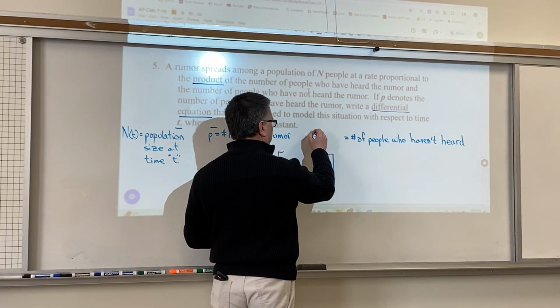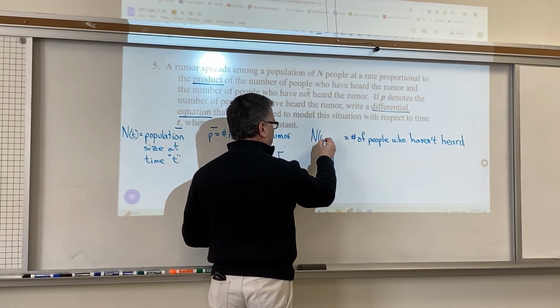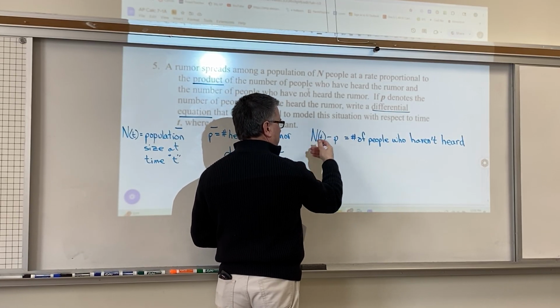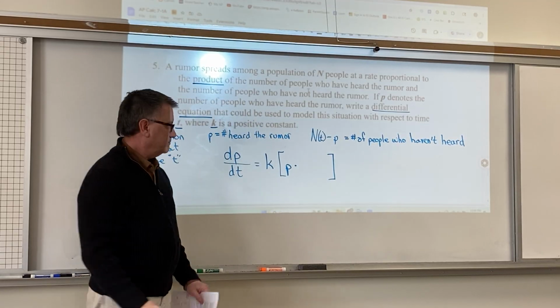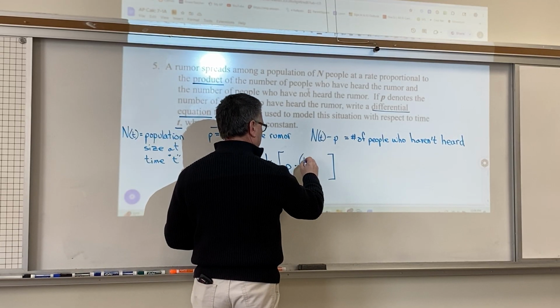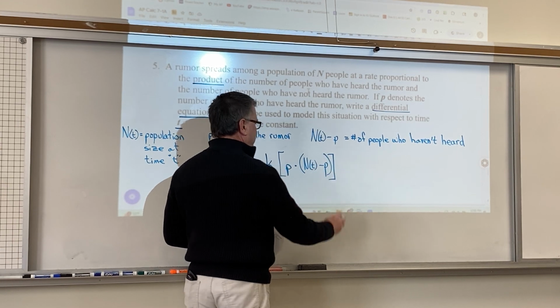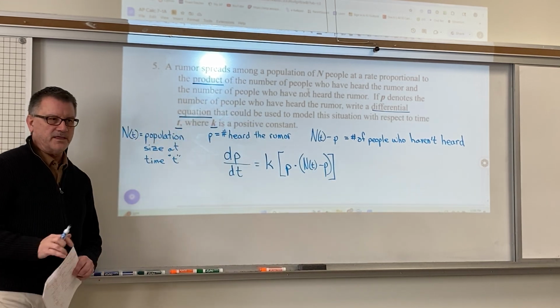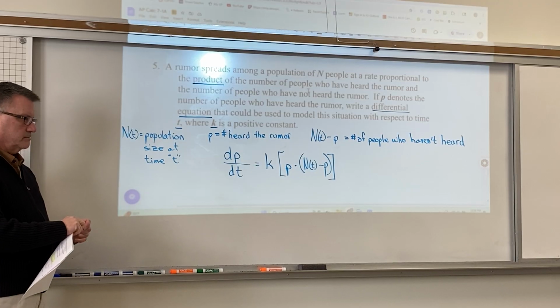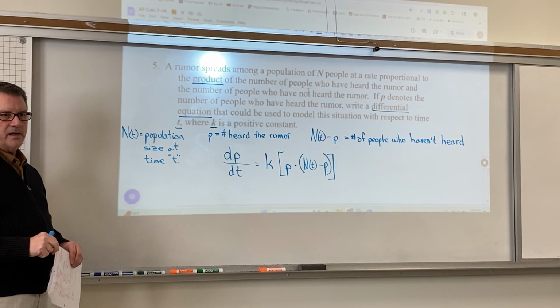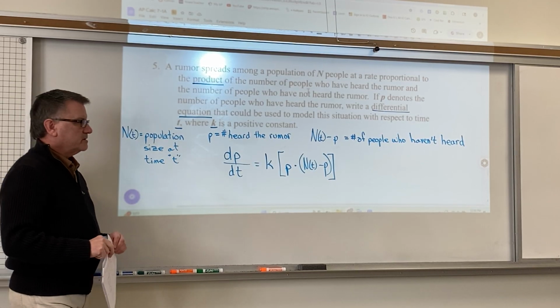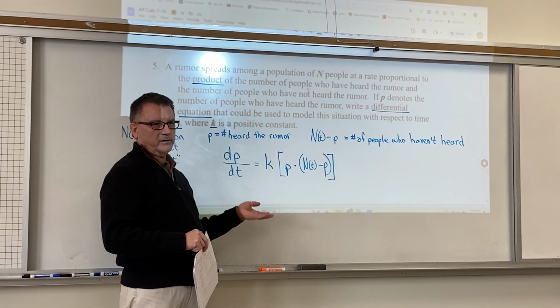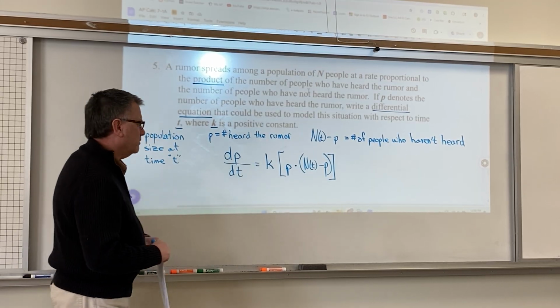You got it. Total population minus P. That's the leftover people. So, N of T minus P. That's that differential. K, R. Sometimes you'll see K, sometimes you'll see R. Whatever you want it to be.